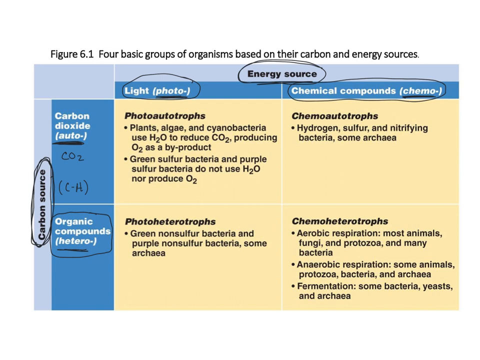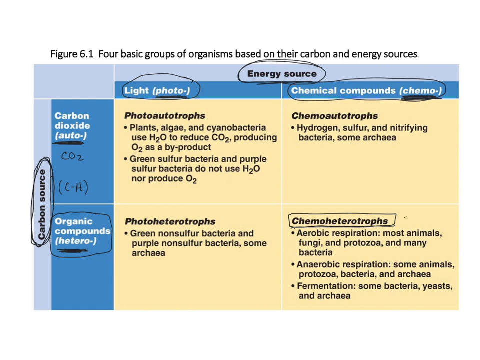So when we try to piece together these prefixes, we've talked about how fungi, a lot of protozoa are chemoheterotrophs. That means they get their energy from the breaking of chemical bonds and their carbon source from organic compounds. So basically they're eating stuff. This is very popular.